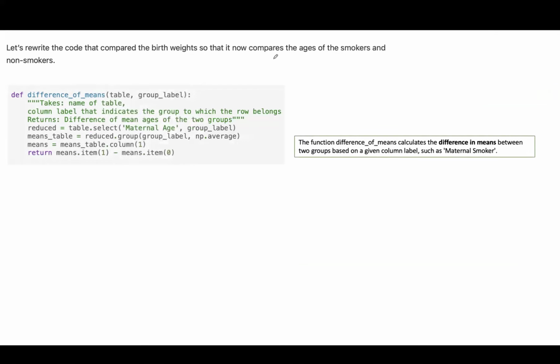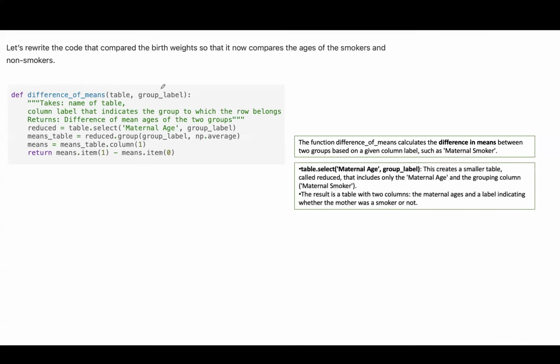We are defining a function, difference of means, and now we're passing two arguments, the table and the group label. It basically calculates the difference in means between two groups based on a given column, such as, for example, maternal smoker.